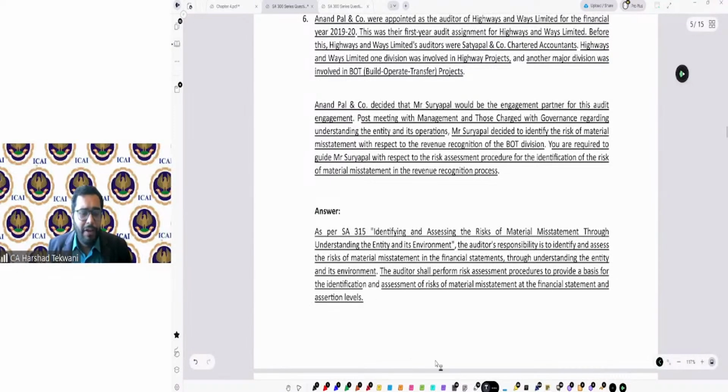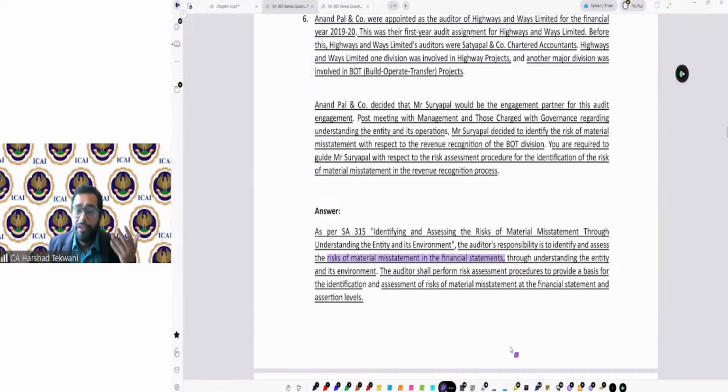Okay. Now, if I have to mark your keywords, number one is this: risk of material misstatement in the financial statement. You can keep that as a keyword that you have to quote. Do not write only risk. People may write, the auditor's responsibility is to identify risk.